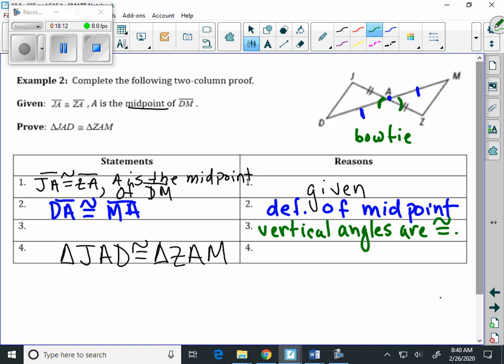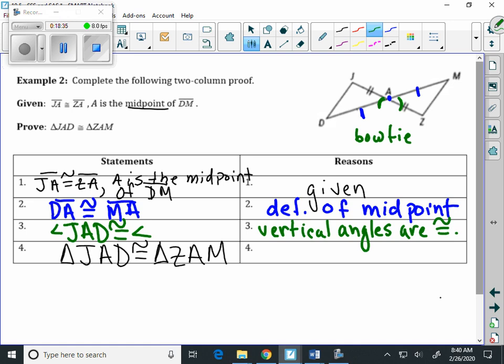And when we mark these up, we need to be very careful about naming our angles. So if you start with J, we're going to go J, A, D. We just need to make sure that we go in the same order over there.